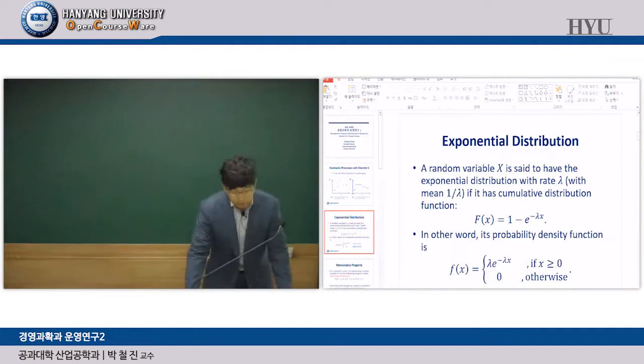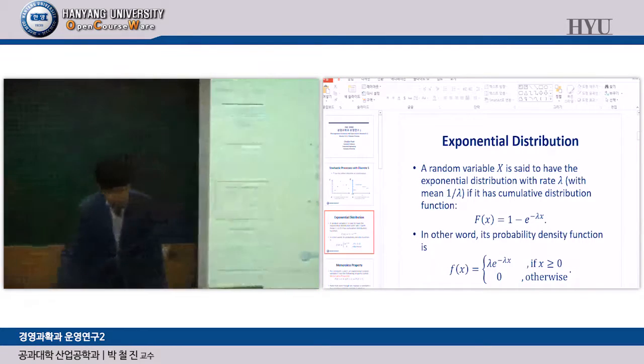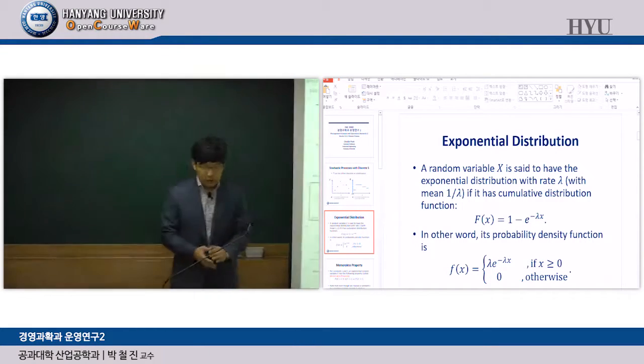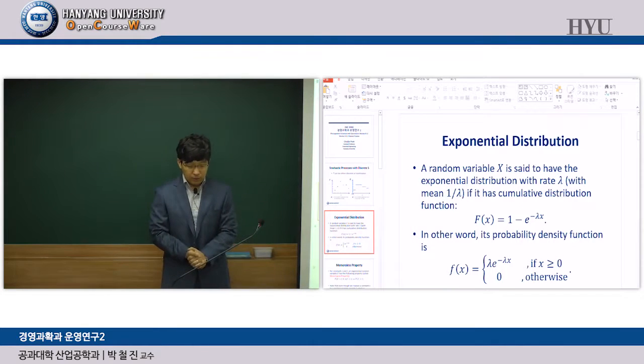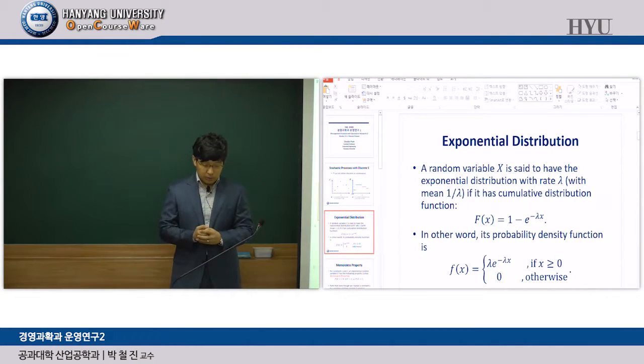To understand the Poisson process, we need to understand a specific random variable called the exponential distribution, the exponential random variable. This is a very important random variable, and I believe most of you already know about it.